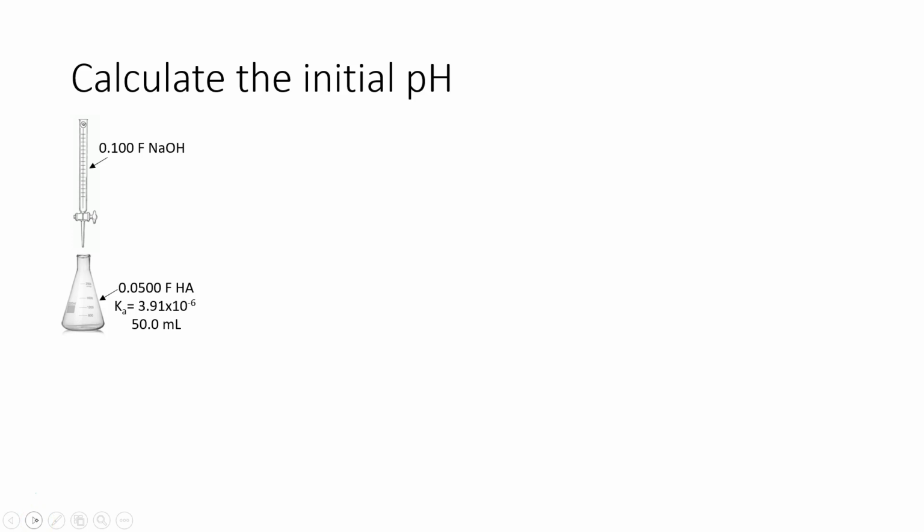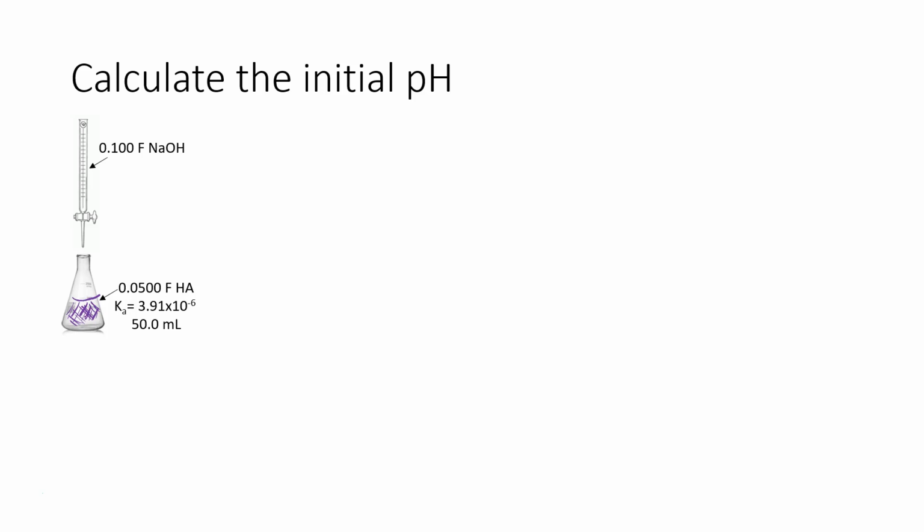Here's our example. We've got 0.1 molar sodium hydroxide, and in our Erlenmeyer, we've got 0.05 molar of some generic weak acid. We're given the Ka, and we've got 50 mL of it. They're asking us to calculate the initial pH, referring to the initial pH of this weak acid here.